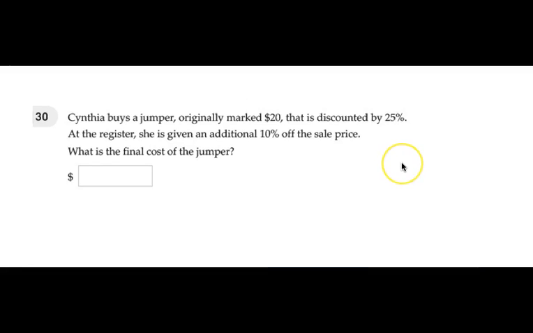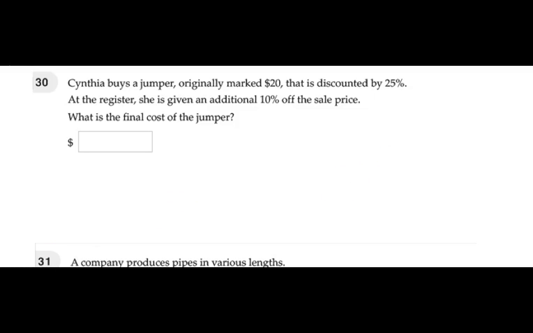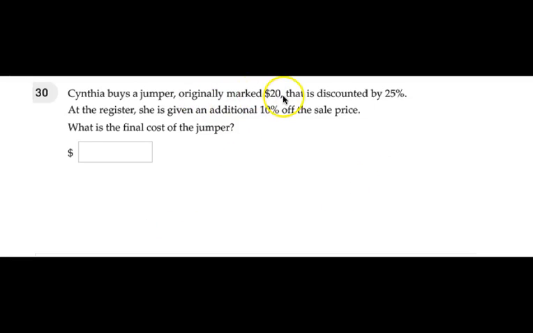Now for question 30, it says that Cynthia buys a jumper that is originally marked for $20 that is discounted by 25%. Now, first thing is that 25% is equal to 1/4.